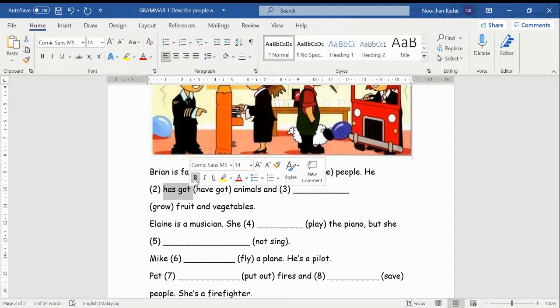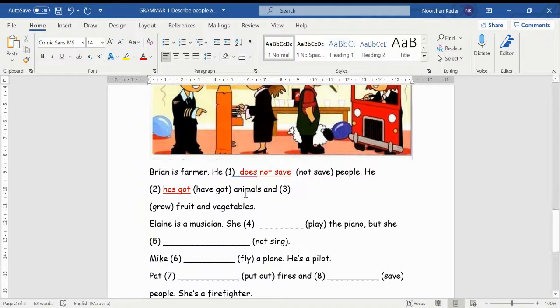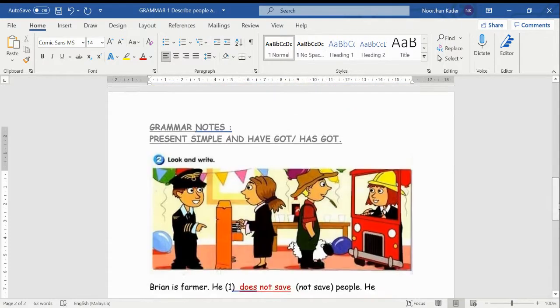Let's underline, then change. Okay. So the answer will be he has got animals and dash fruit and vegetables grow. So what are you going to write for grow? He.